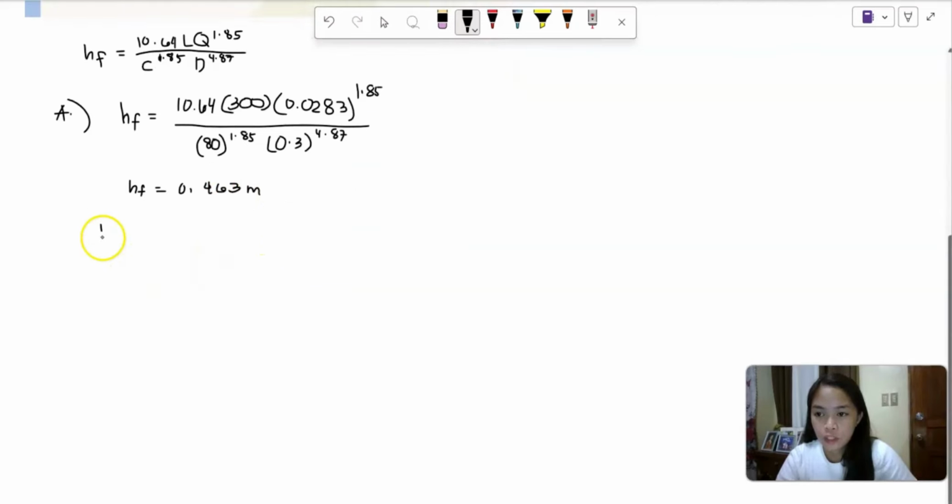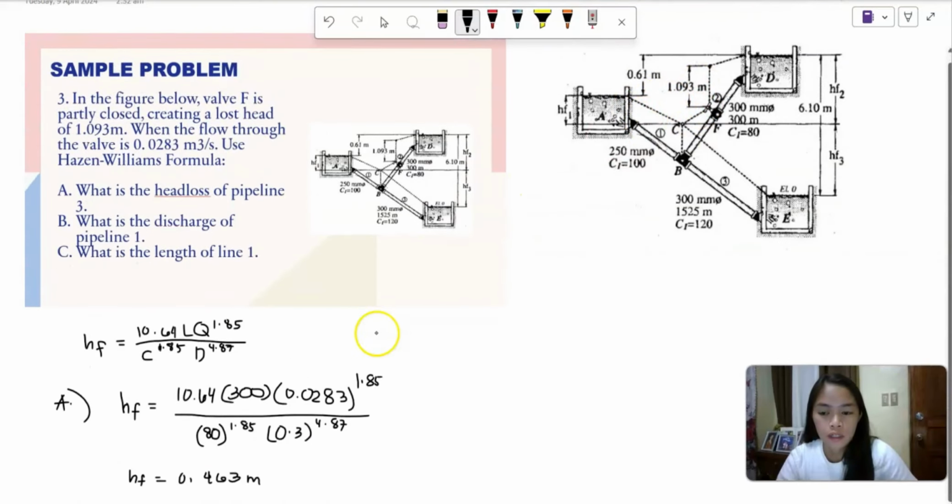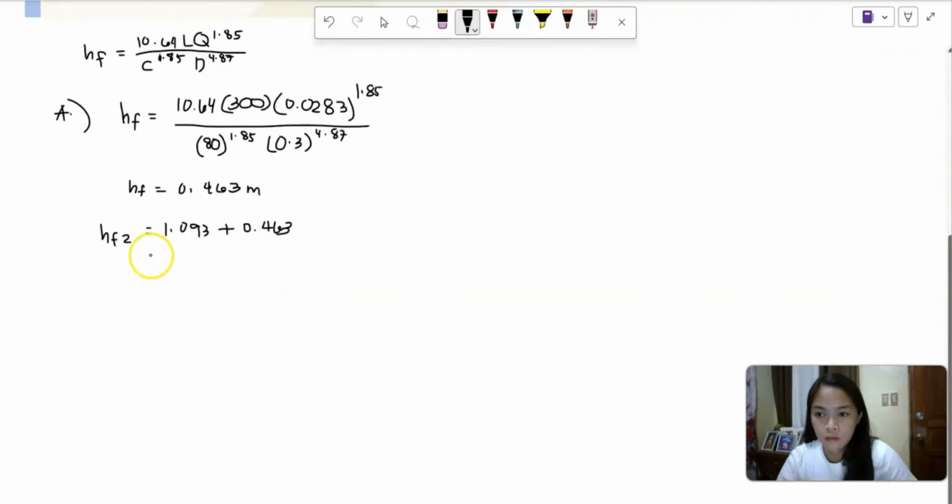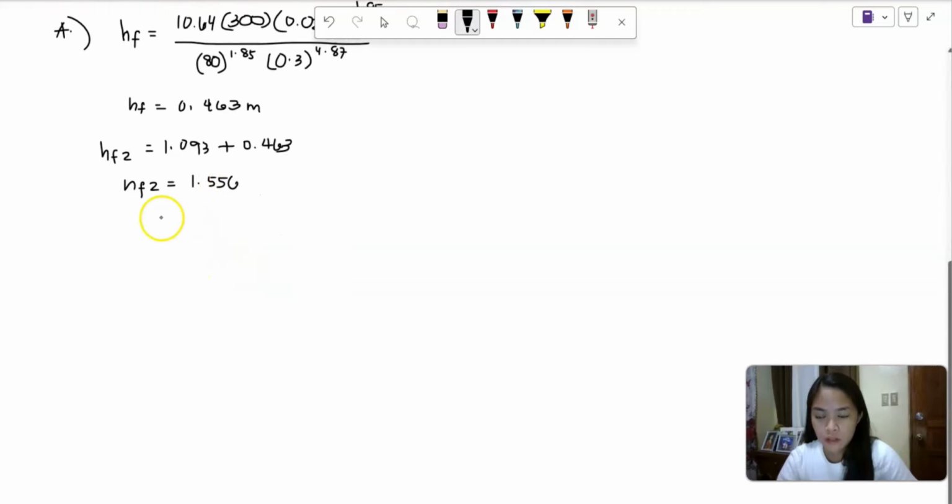So to get the HF2, we just add 1.093 here and this one plus 0.463. We already have a value of our head loss at 2, which is 1.556.